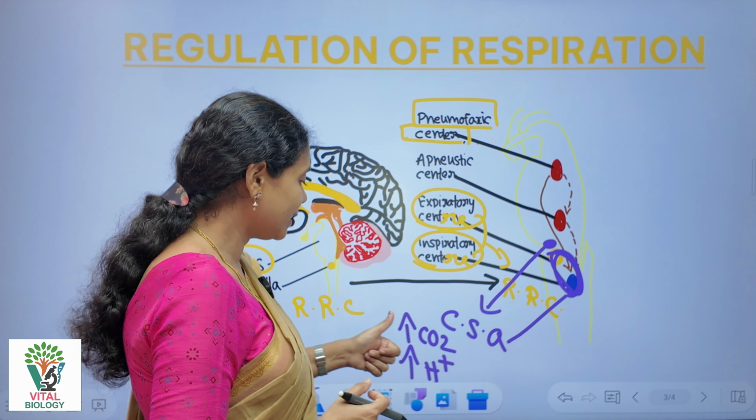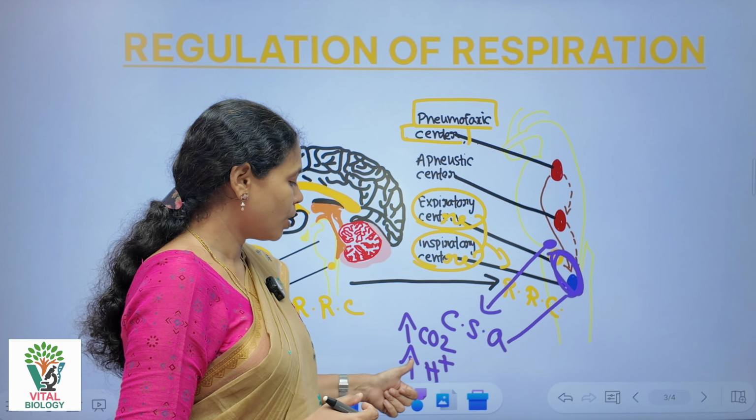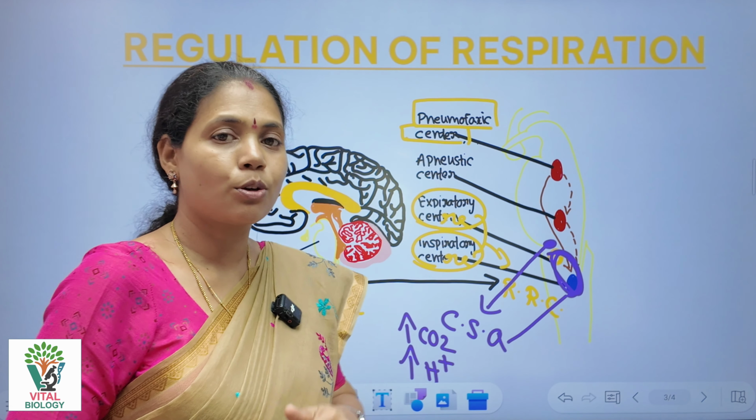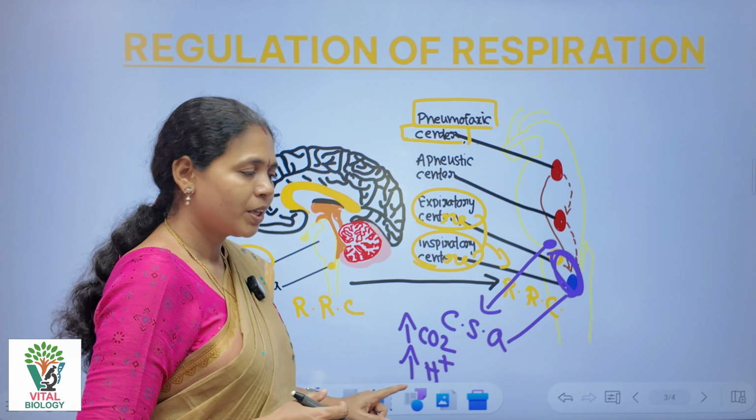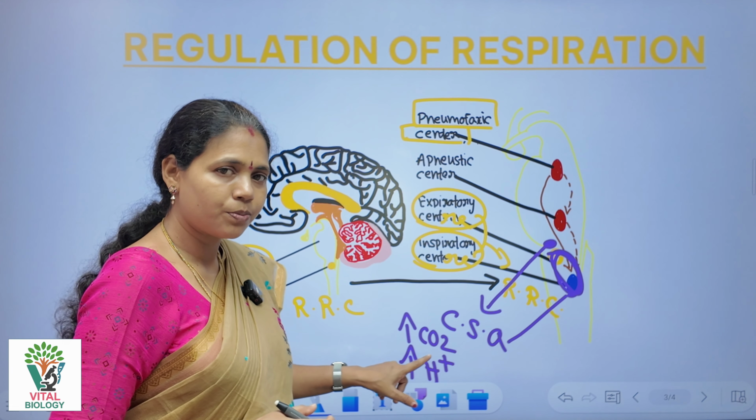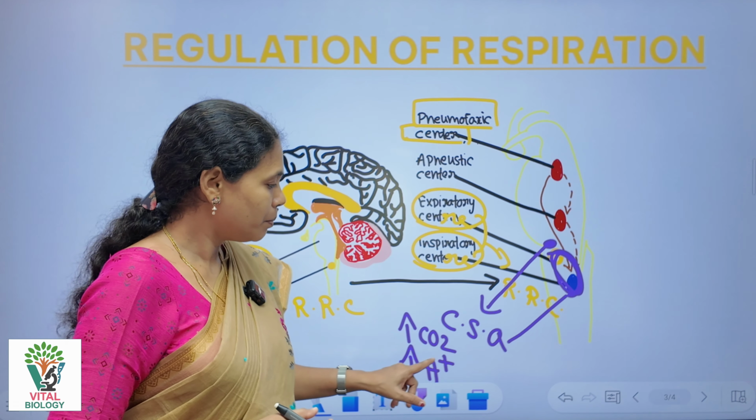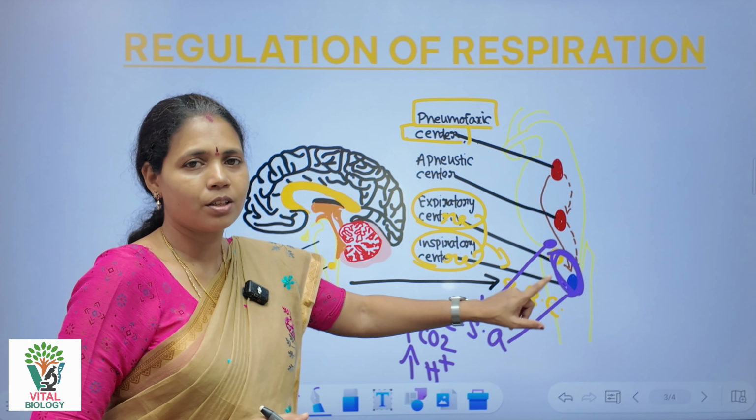That means it increases the respiration rate so that the carbon dioxide and hydrogen ion concentrations can be decreased by more supply of oxygen. Indirectly, whenever there is more CO2 or more H+, that indicates less oxygen, so to increase oxygen levels in our body, the respiration rate is increased. That is why, once the chemosensitive area senses increased levels of CO2 and hydrogen ions, it immediately signals the respiratory rhythm center so that it can make the adjustments.